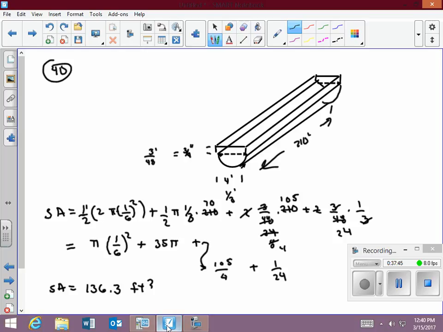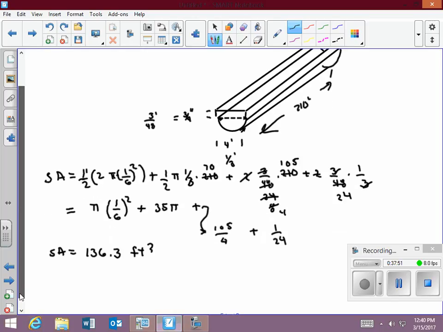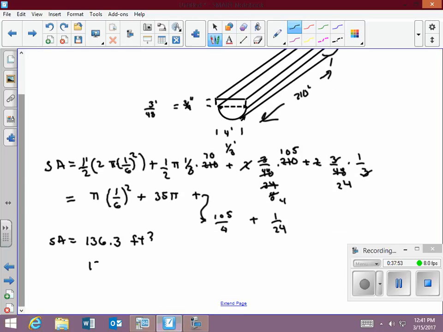Nearest square foot. So it's 136 to do what they want to do.